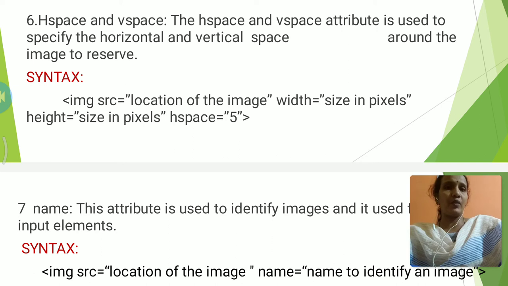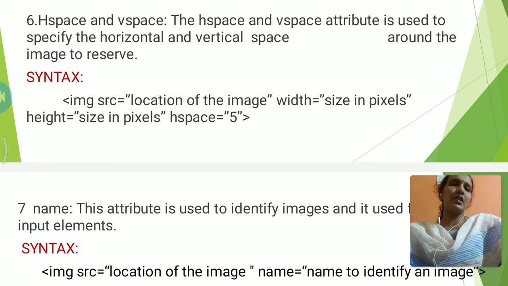The hspace attribute reserves the horizontal space. It will reserve some space on the left side of the image and the right side of the image. How much space you want to reserve depends on the value you supply. Example, hspace equals 5 pixels means you will get 5 pixels of reserved space on the left of the image and 5 pixels on the right.